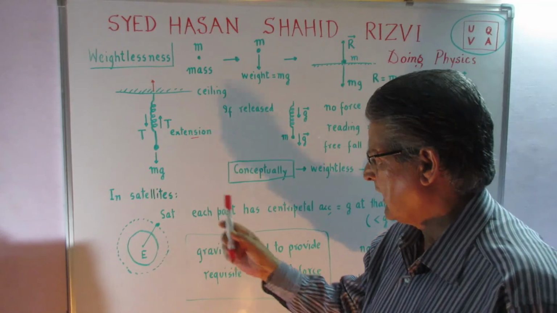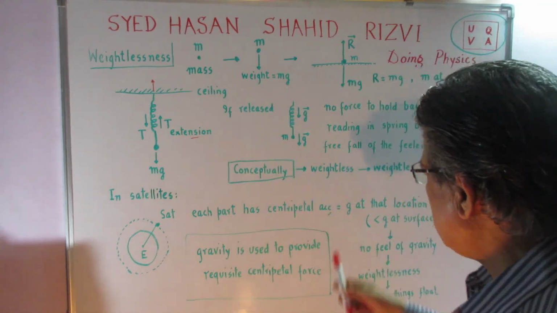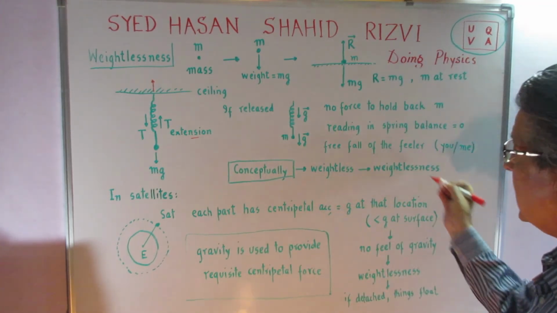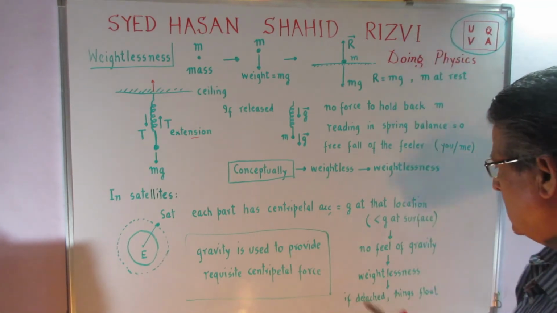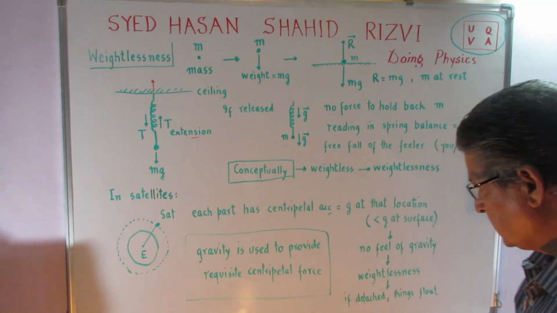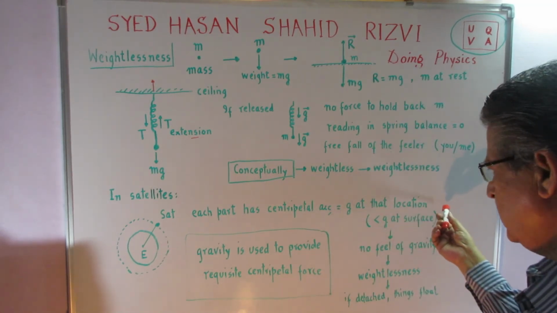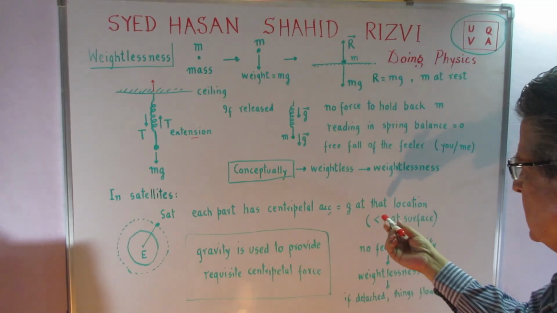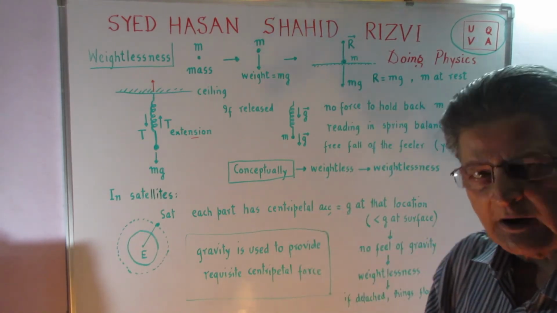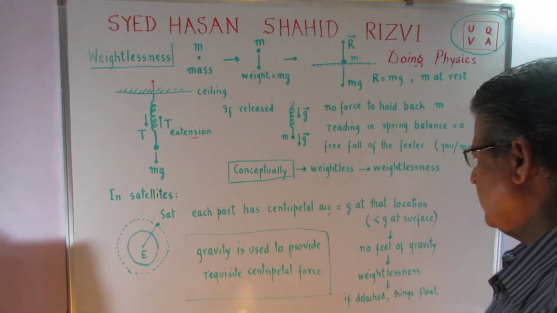Each part of the satellite has a centripetal acceleration which is equal to g at that location, not the g at the surface of the Earth. So whatever is the gravitational field at that location, the centripetal force is being provided by the gravitation.